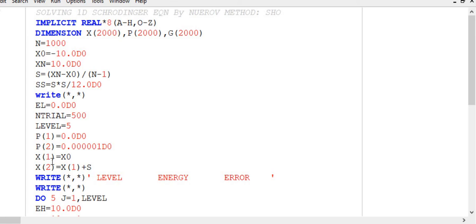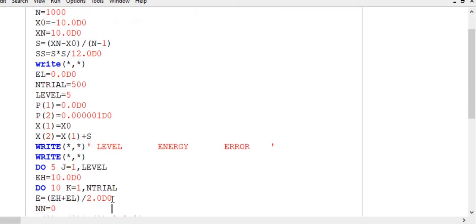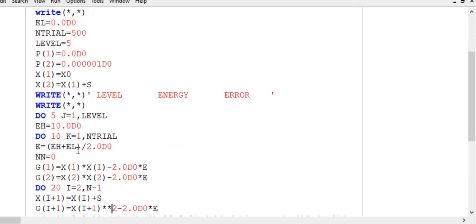And these 2 are nothing but in my array x1 and x2, and then it will start the first loop over level. If you go ahead, then you will see that after the first loop, EH is 10, the upper bound of energy, and then the loop over the n trial goes and it takes the average, and it starts counting the number of nodes to be 0 initially, and then it will check and finally give you how many nodes are there in the function.